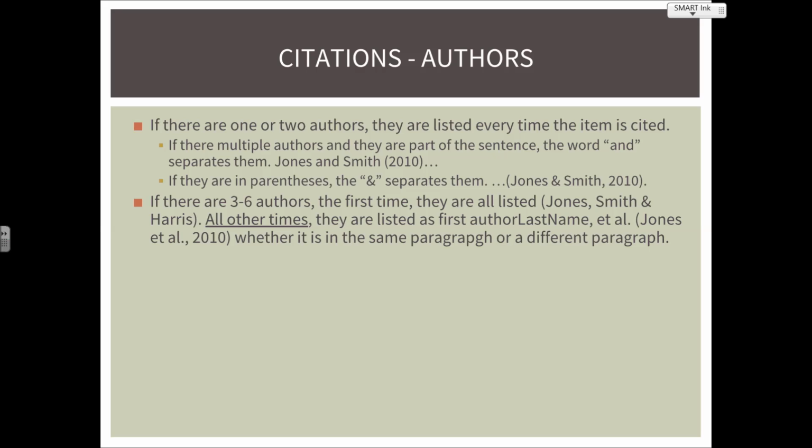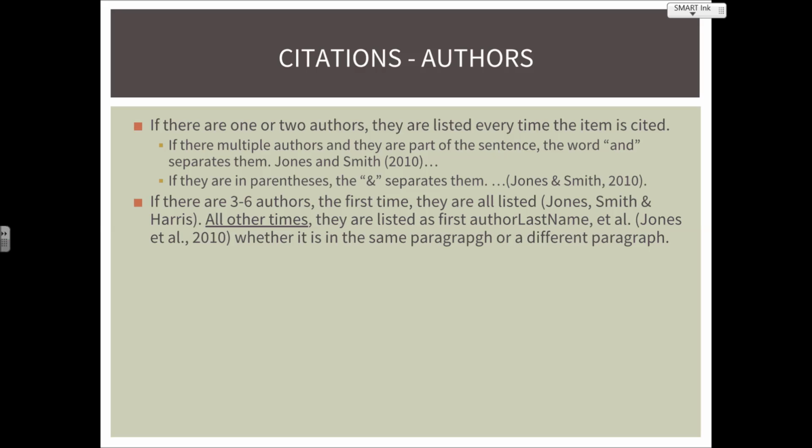If there are 3 through 6 authors, they're all listed the very first time that you cite them, but then all other times it's the first author followed by et al., meaning "and others." Because, again, we don't want the whole paper to be you writing the authors' names over and over again. And it's common to have 3 or more.